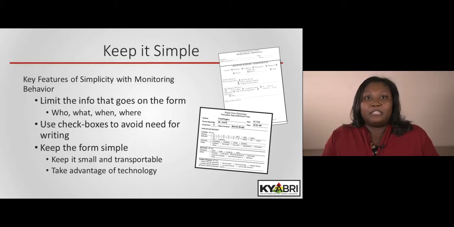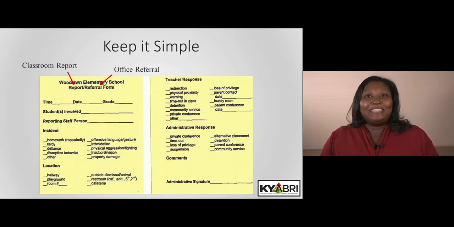Let's take a look at a simple paper version of a transportable data collection form. This form is the size of the palm of an adult hand, front and back, and it is part of a small tablet of such forms that fits in a back pocket.